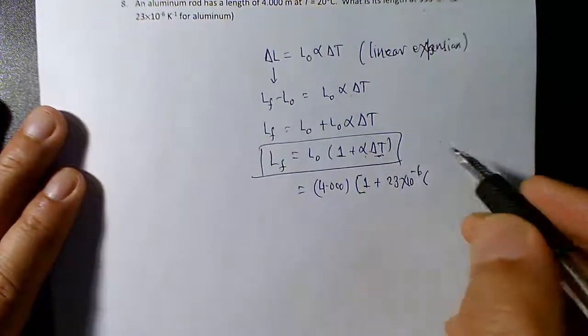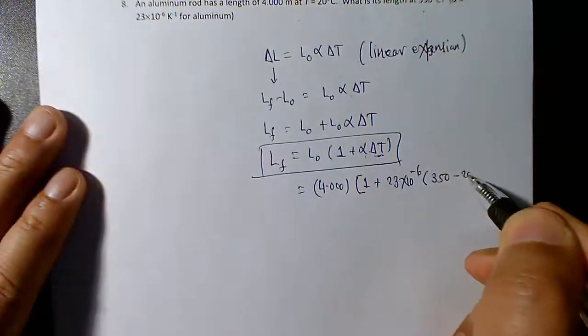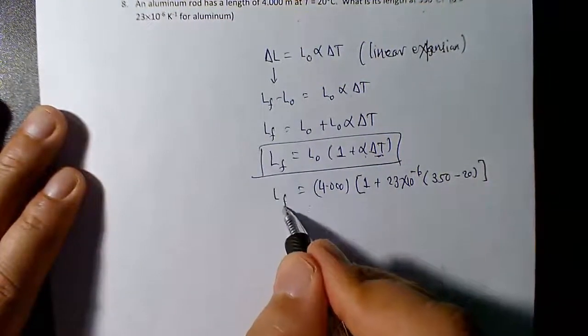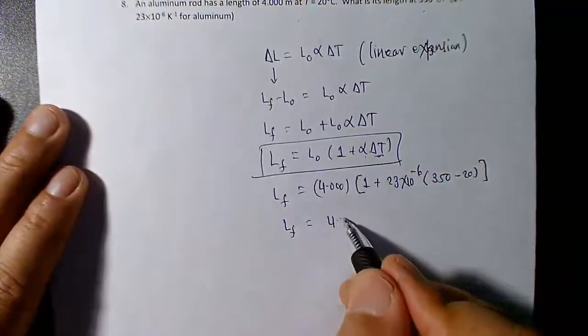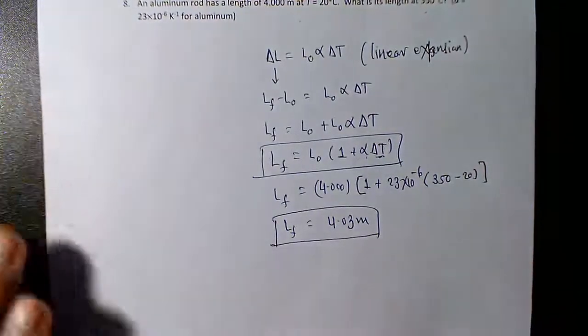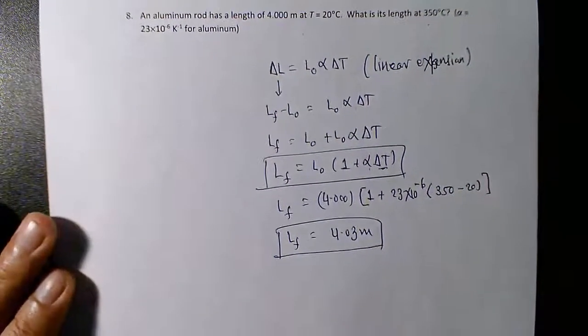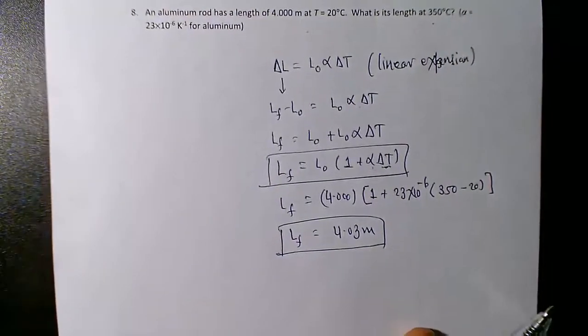So change in temperature will be final minus initial, so 350 minus 20. So that's going to be your final length. So 4.03. So just a little bit of increase, and that is expected because a solid expands very little. So only a little percentage increase.